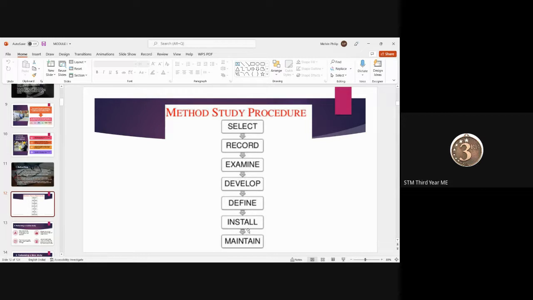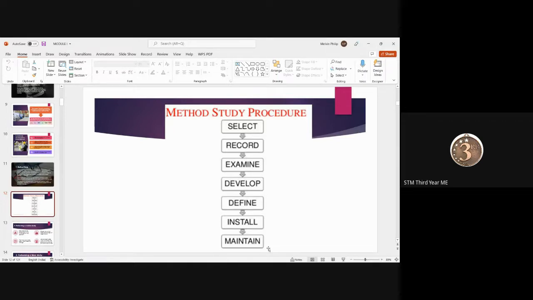Then finally comes maintain. So under maintain, you are maintaining that procedure. Without any tweaks, you have already examined all the operations, and you have looked for various changes.